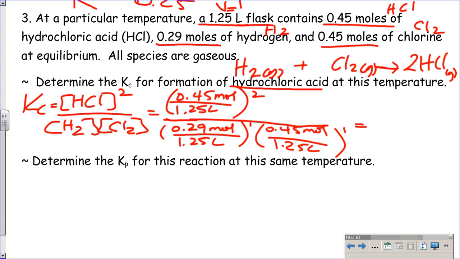Here it is. Any takers? Wait. Okay, wait. You can sign language it to me. All right, say first, what is it? 1.55. Okay, cool. So that's our Kc.